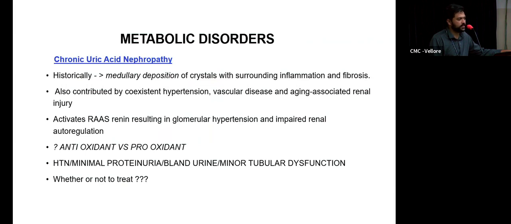For asymptomatic patients, occasionally we treat, although some guidelines don't mention treating. If it's above 10, usually we treat such patients even if they are not symptomatic, because uric acid, if you read the literature, has a propensity to cause CKD in the long run. So it is better to treat, although some clinicians don't.